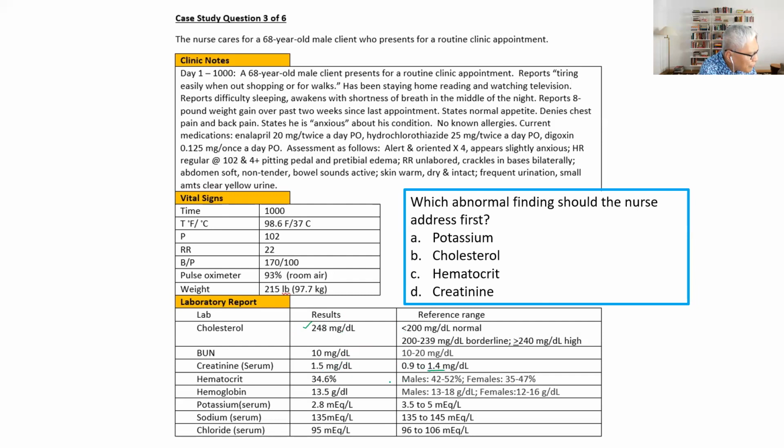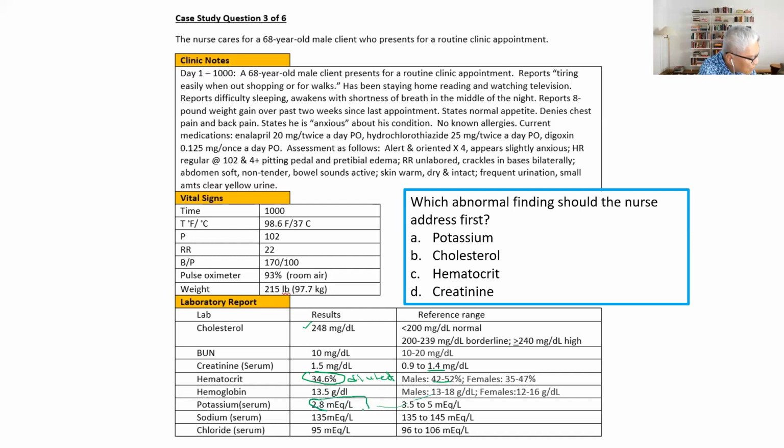Remember, 1.4 is the normal. Hematocrit, now it's a male, right? So that means this is going to be diluted. And hemoglobin is okay. Potassium 2.8.